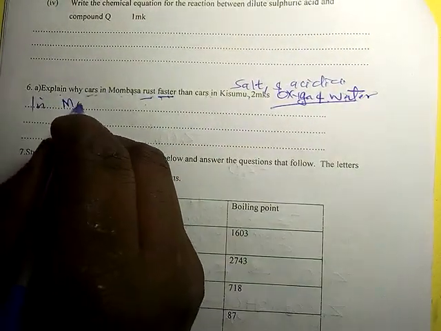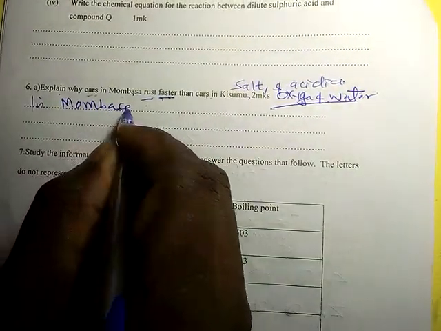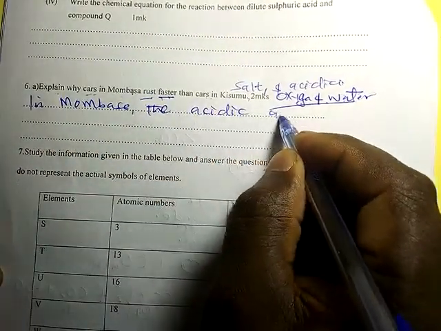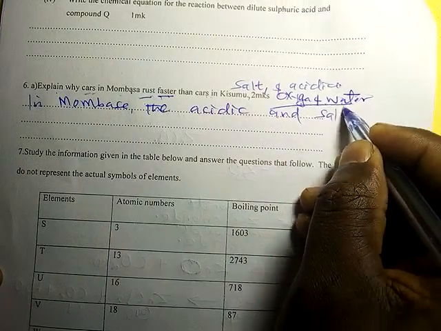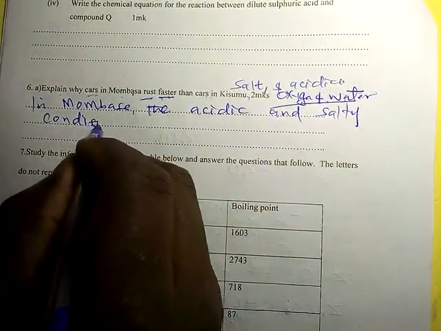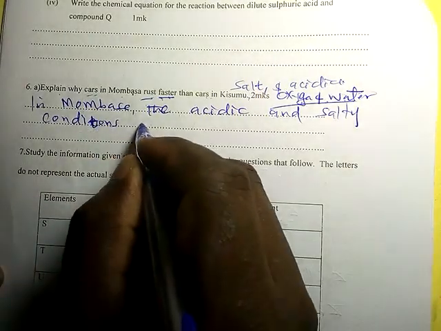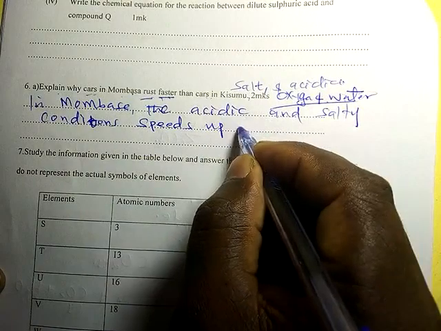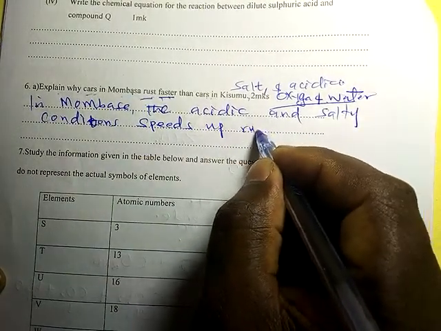So in Mombasa, the acidic and salty conditions speed up rusting.